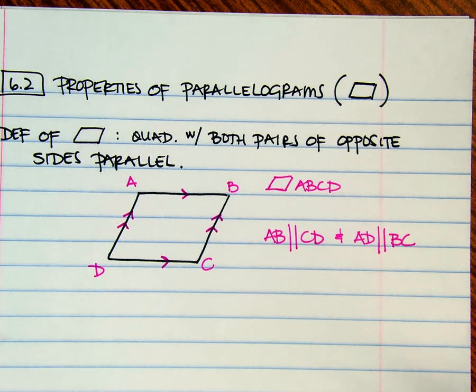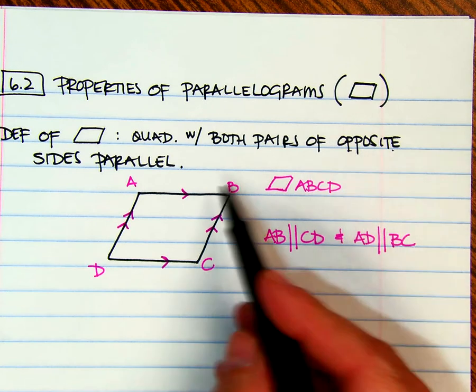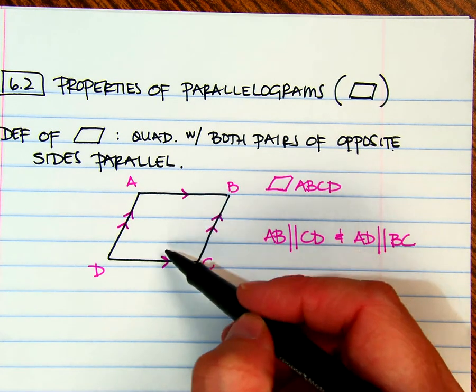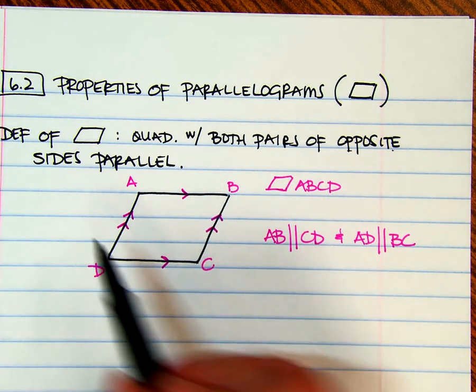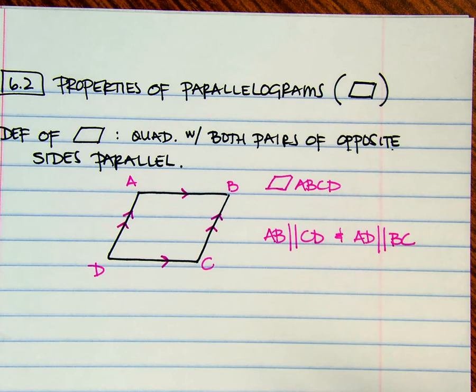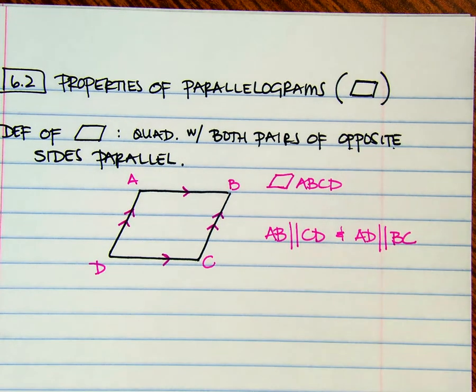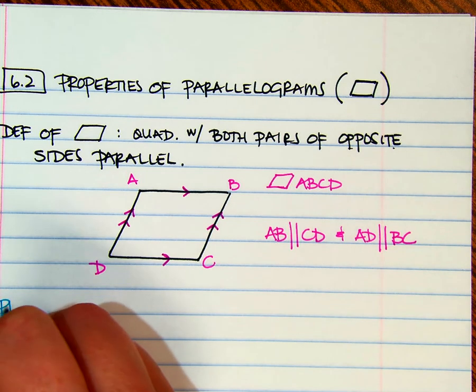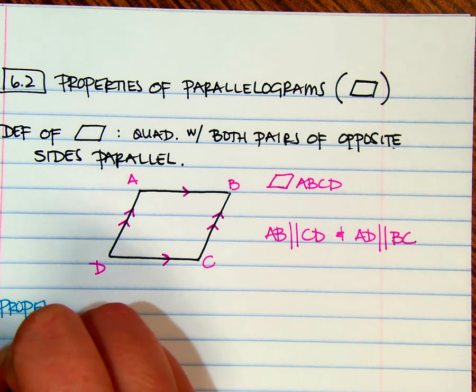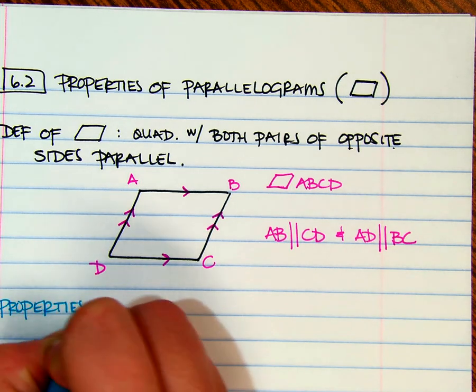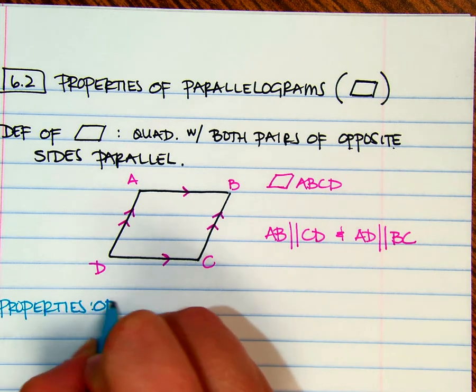Building on to this idea, it says opposite sides. So these two would be opposites, and these would be opposites. And we also have a lot of other special things when this is the situation. So here are some other properties of a parallelogram.